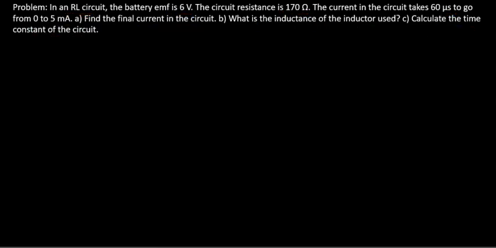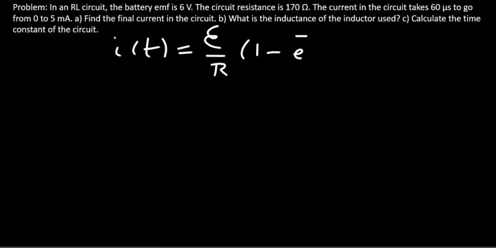So we know the current at any time t is given by the following expression: EMF over R, 1 minus e to the power minus R over L t. So we are looking at the instant when the current in the circuit is increasing.